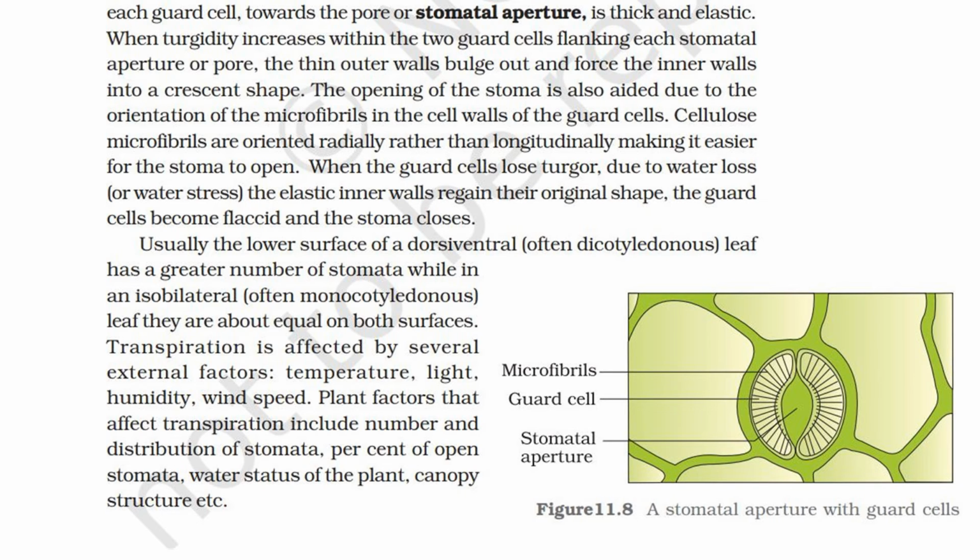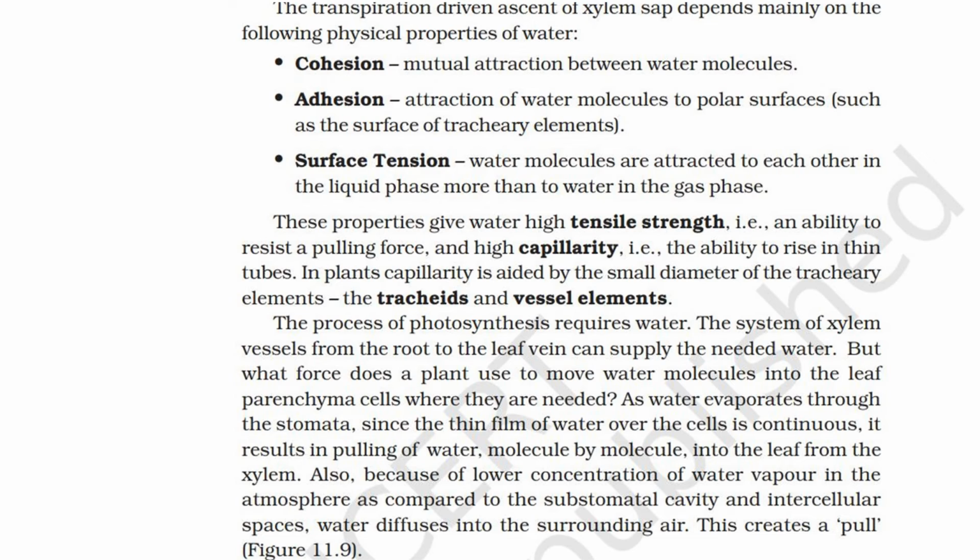canopy structure, etc. The transpiration-driven ascent of xylem sap depends mainly on the following physical properties of water: cohesion, mutual attraction between water molecules; adhesion, attraction of water molecules to polar surfaces such as the surface of tracheary elements; surface tension, water molecules are attracted to each other in the liquid phase more than to water in the gas phase.